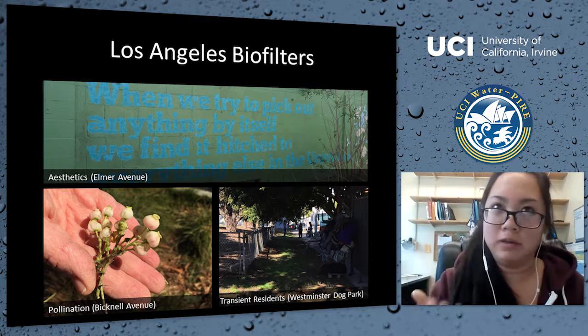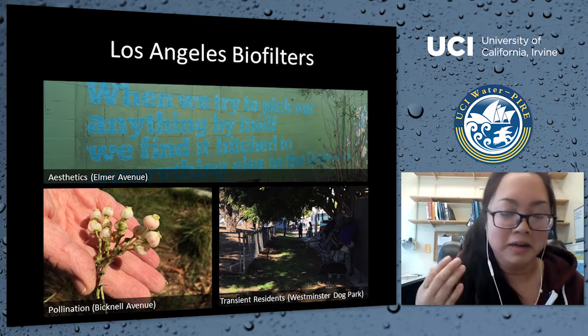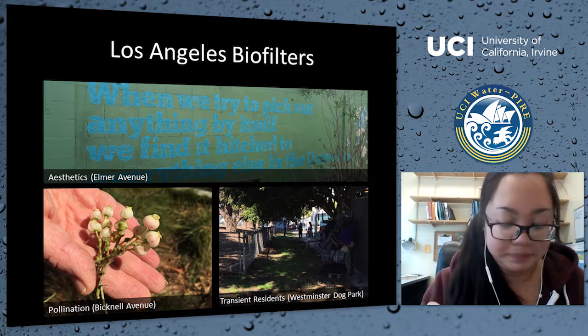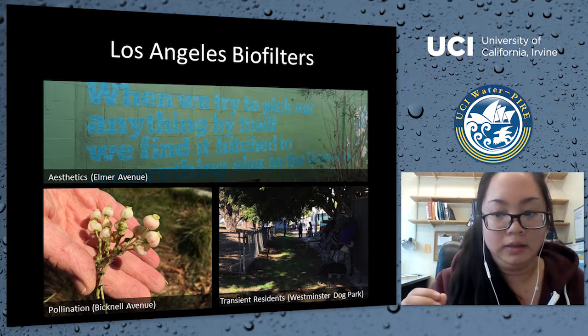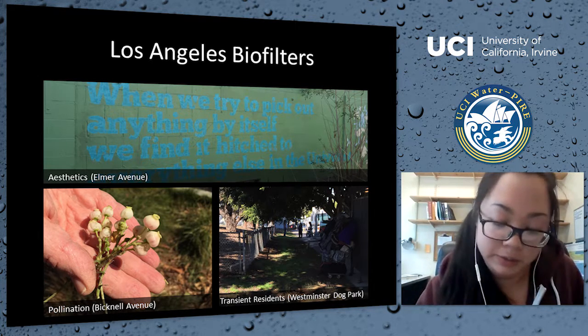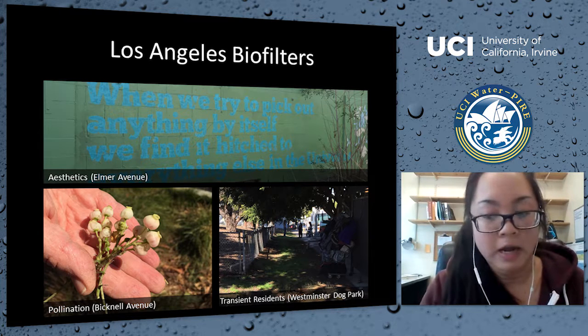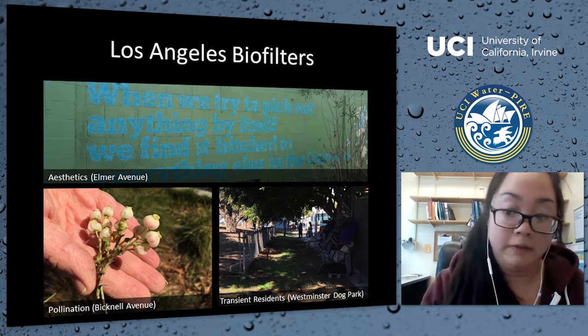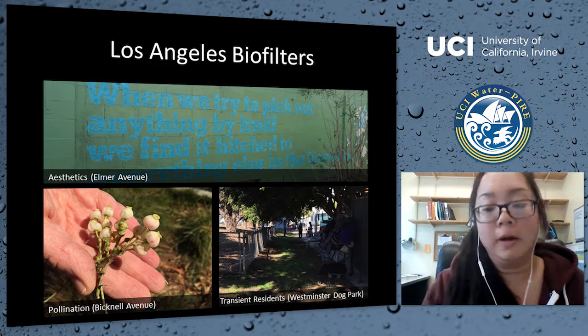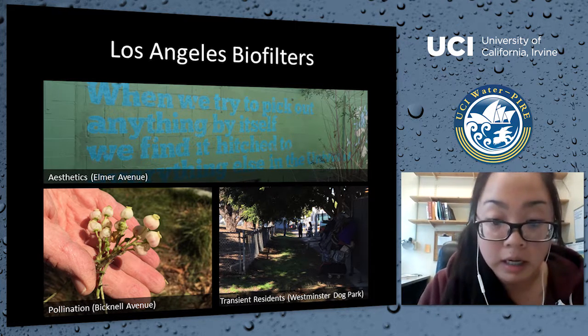If Southern California ever got too much rain, which is usually not a problem here, flooding is a really big issue because we don't really have the infrastructure to handle all of that water. So something like a biofilter that increases infiltration might help ameliorate that impact.